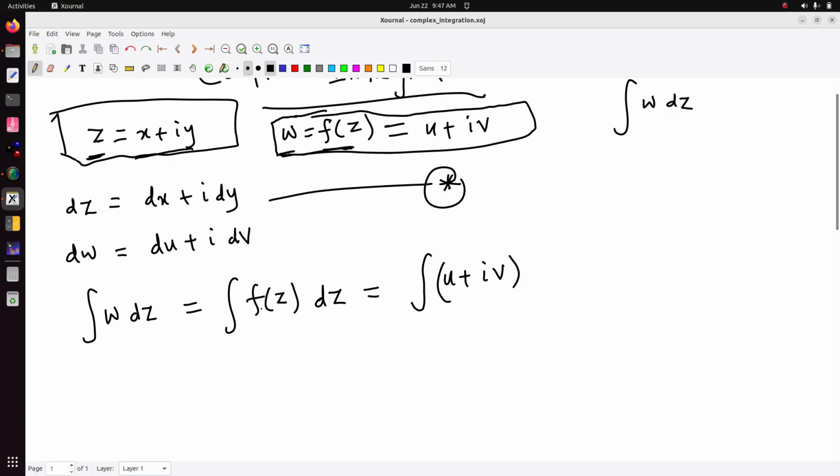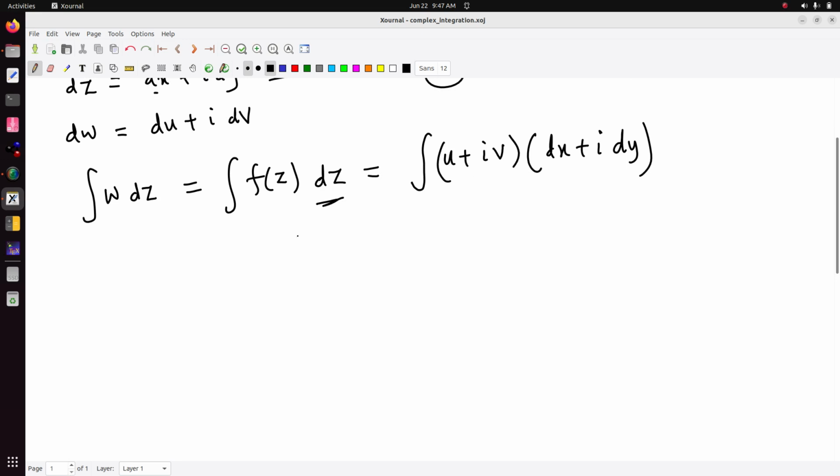You will see the meaning of representing the complex variable as u plus iv very soon when we take a simple example. Then dz, we write dz as dx plus i dy.